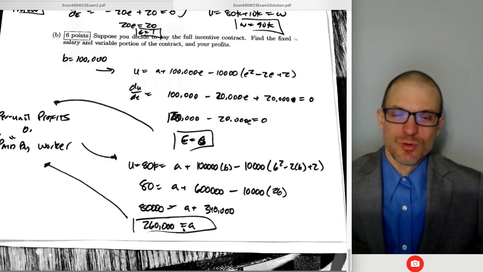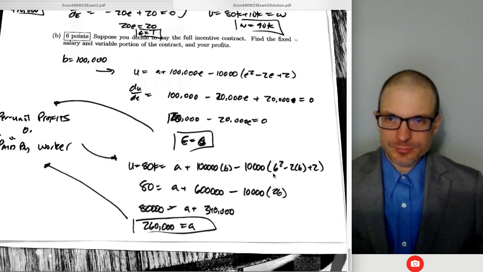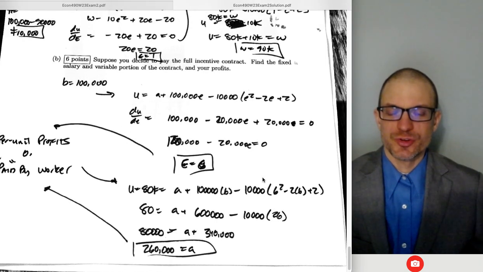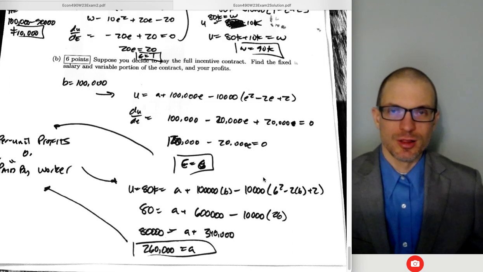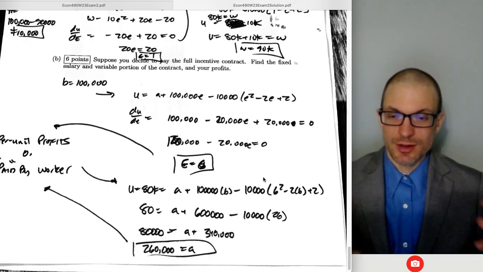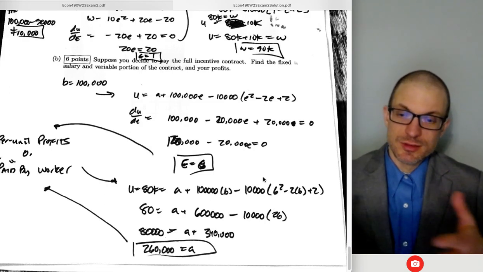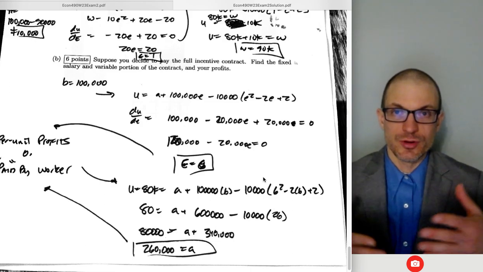All right. So why did they pay us $260,000? How does that work? Well, remember from lecture we were saying this would be something like paying somebody to sit at a kiosk in the mall, or a salesperson to be at the car lot. They're there 40 hours a week, all the time, giving us a lot of value. We can have this physical brick and mortar location because the worker is there.